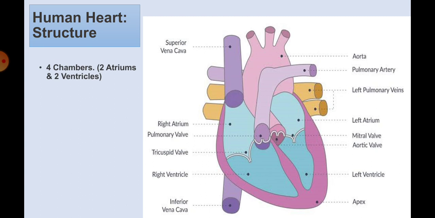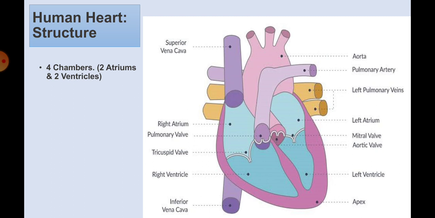Let's know the human heart structure. The overall structure of the human heart is composed of 4 chambers. Chambers are like rooms.